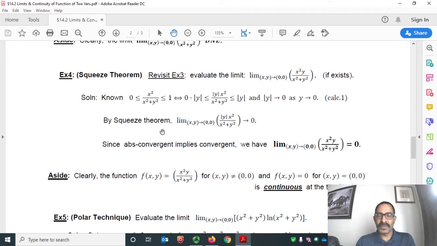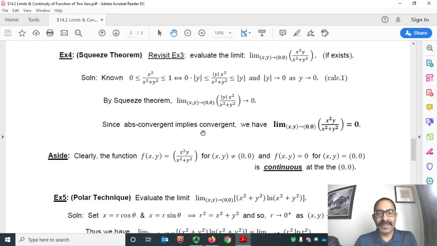Then by the squeeze theorem, this goes to 0 as y goes to 0. This goes to 0 as y goes to 0 because the left side is 0, so I don't need to worry about the absolute y on my left side. So as y goes to 0, this function goes to 0, this function goes to 0. Then by the squeeze theorem, the middle function also goes to 0.